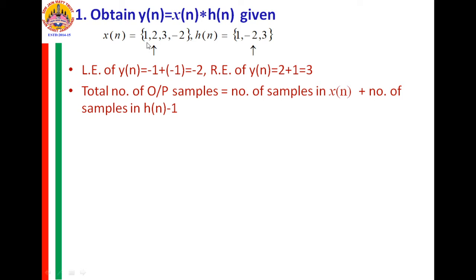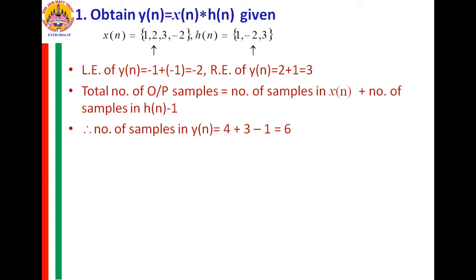There are 4 samples in x of n and 3 samples in h of n. So, 4 plus 3 minus 1 is 6, and that many samples you need to find out for this y of n.